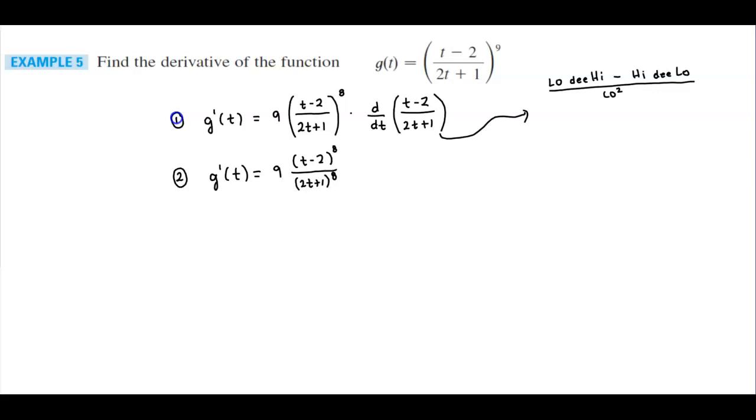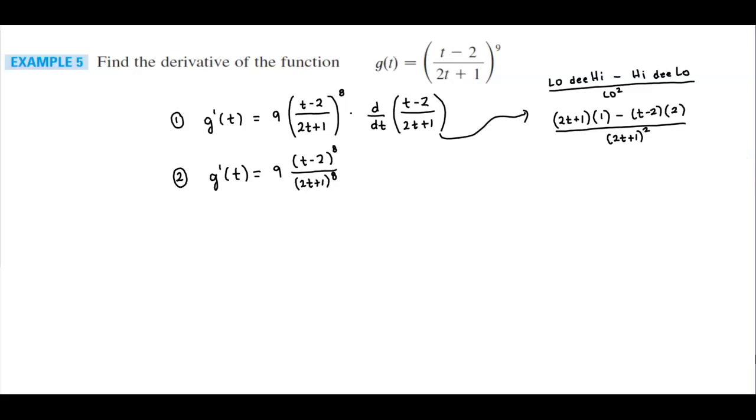So we know that the low is 2t plus 1, and the derivative of the numerator is 1, minus high, which is t minus 2, times the derivative of the denominator 2t, which is 2, over low squared, which is (2t plus 1) squared.